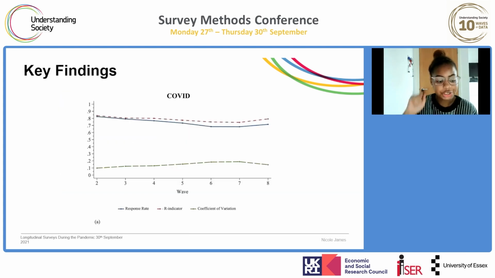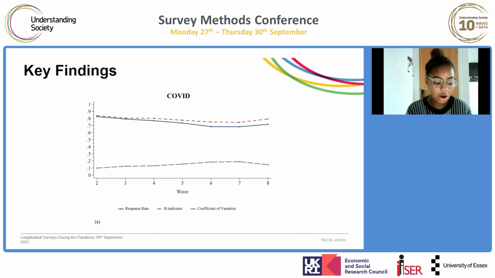So this graph shows the COVID survey and the overall indicators. I've got the response rate in blue, the R indicator in red, and the CV in green. So you can see that the response rate for the COVID survey is pretty high. It remains high from wave 2 to wave 8 at 0.8.